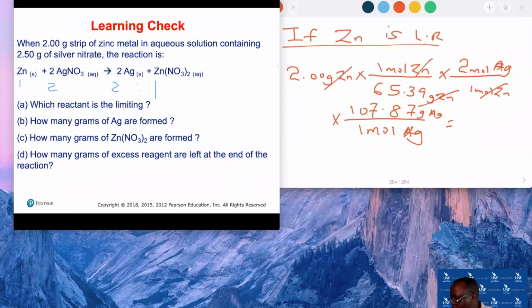I see 6.59 grams of Ag, of silver, will be produced.